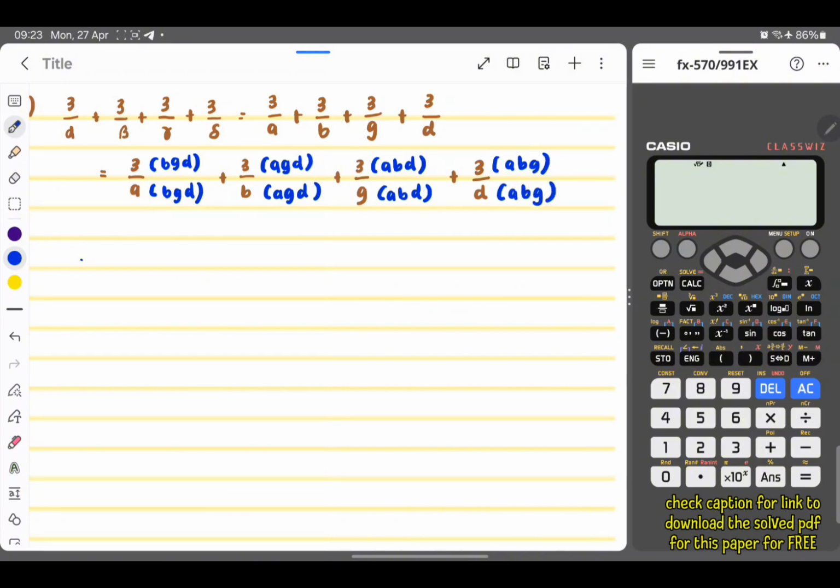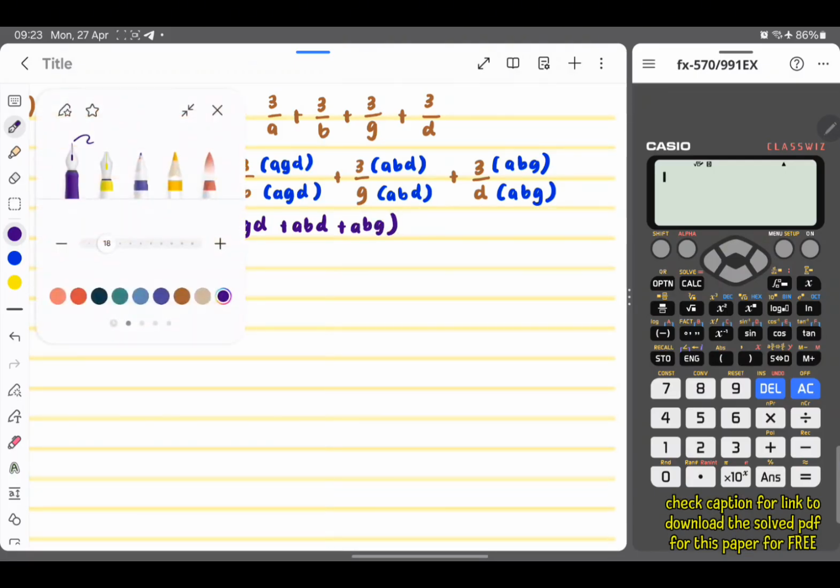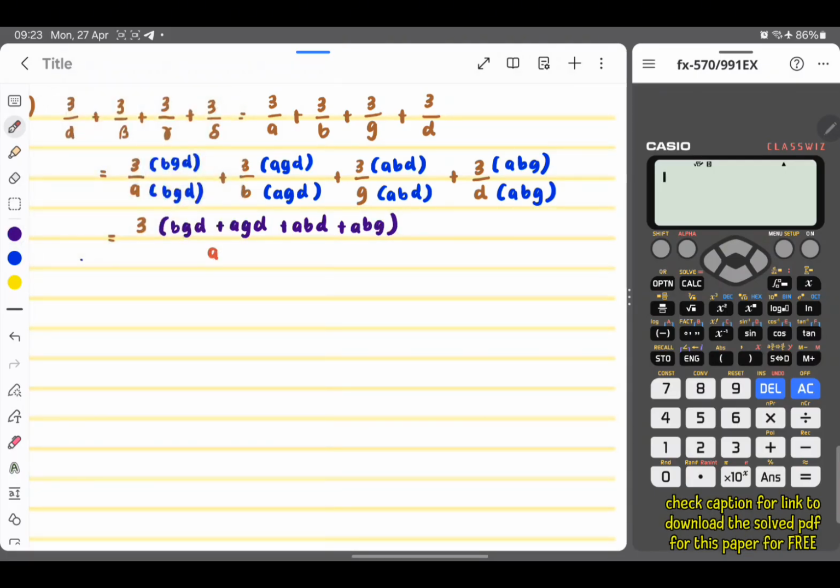So what I will have here would be 3 open bracket BGD plus AGD plus ABD plus ABG, over ABGD.